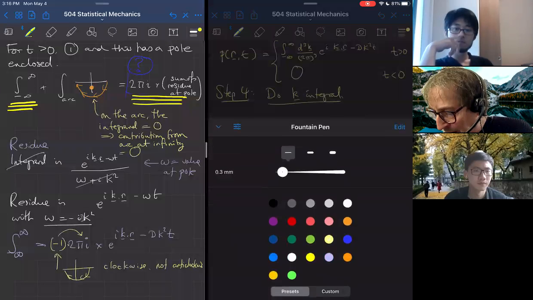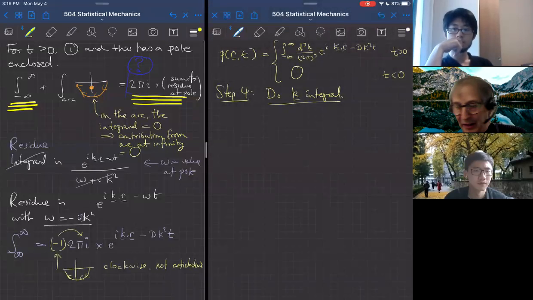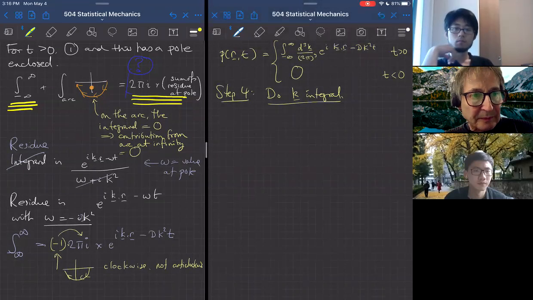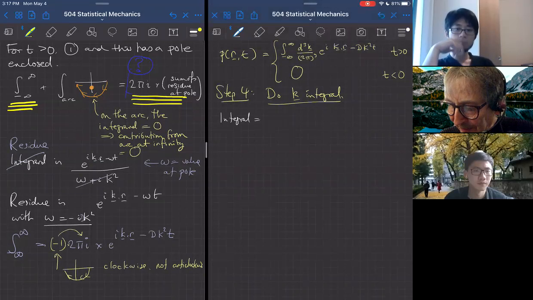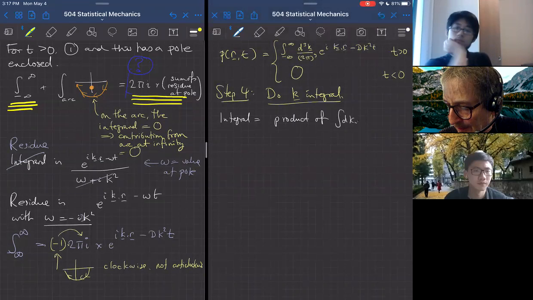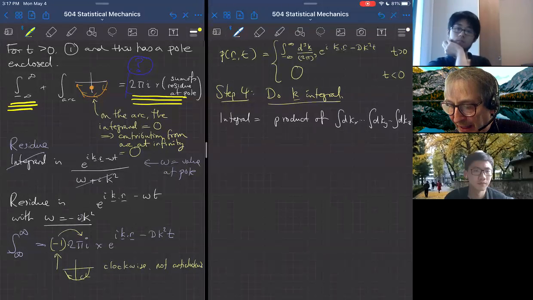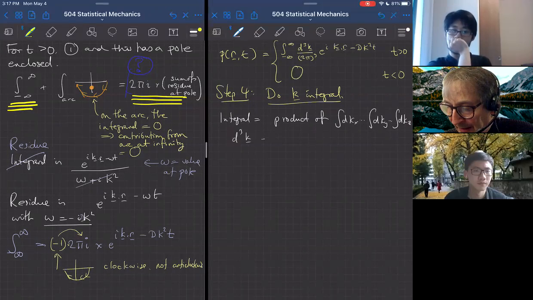Now this one is much simpler, because you can see that if I take this integral, the integral is a product of integrals over kx, ky, and kz. Okay, because d3k is equal to dkx, dky, dkz.